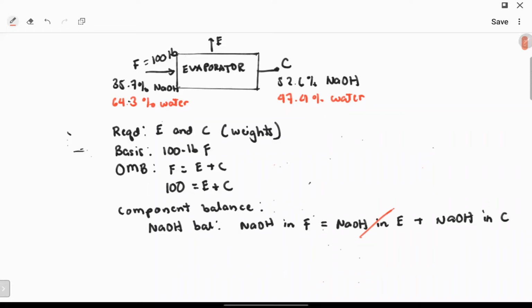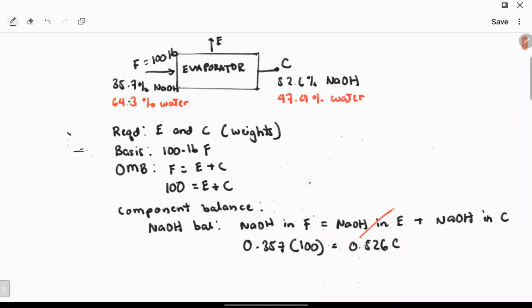So let's go ahead and substitute whatever values that we have. So NaOH in F, di ba, meron tayo yan. That's 35.7 of F, which is 100 pounds, equals NaOH in C. So do we have that? Yes, we have that. That's 52.6 of C. But C is still unknown.